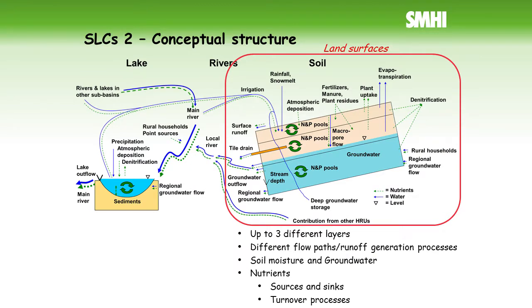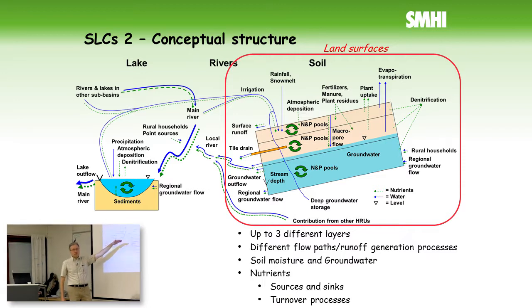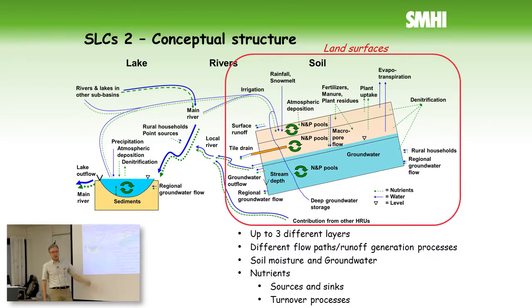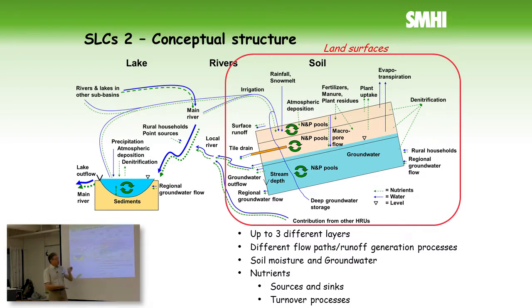As I said, the soil is divided into 3 different layers, and this is fixed. You cannot choose to have more than 3 layers. You can, however, have fewer than 3 layers. But personally, I think that it's usually wise to have the 3 soil layers. Very thin soils might be described by only 1 layer. These have different thicknesses.